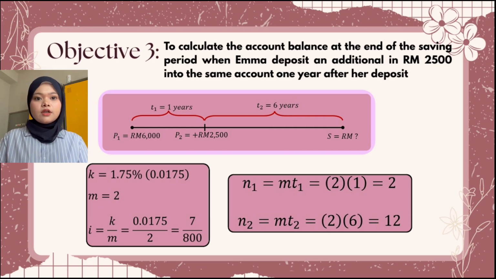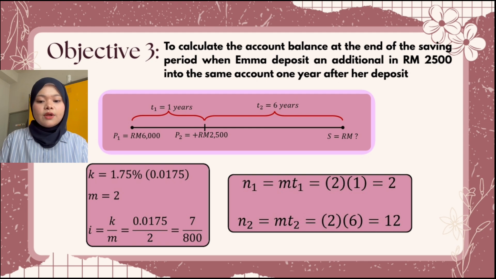Objective 3, to calculate the account balance at the end of the saving period when Emma deposits an additional RM2,500 into the same account 1 year after her deposit. P1 equals 6,000, P2 equals 2,500, T1 equals 1 year, T2 equals 6 years.